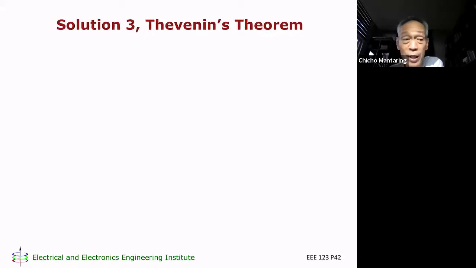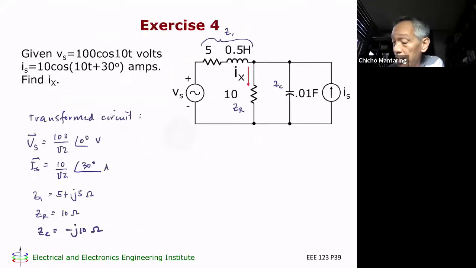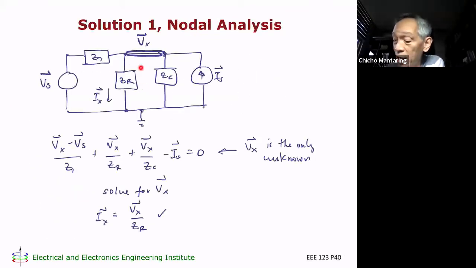You can also do that using Thevenin's theorem. Thevenin's theorem, tatanggalin natin tong ZR. Kukunin natin yung Thevenin equivalent of the circuit with respect to the terminals of ZR. Thevenin equivalent is your open circuit voltage. So how do you take your open circuit voltage? Again, siguro nodal analysis, no? Nodal analysis siguro pwedeng gamitin.